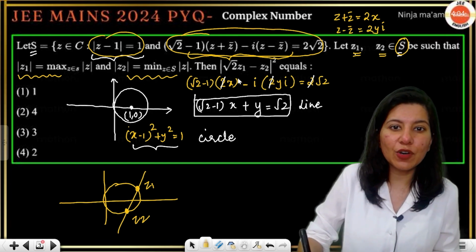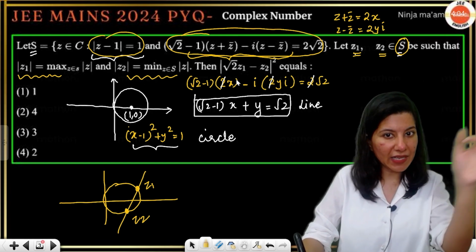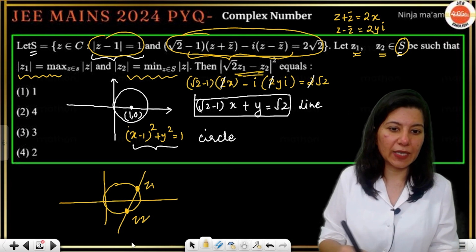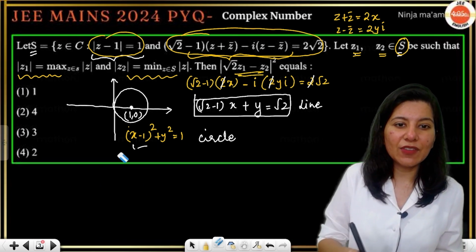Okay, and now you just pick which one is Z1, the maximum one is Z1, the minimum one is Z2, and you need to figure out this value. Okay, all right. So yes, I guess we have understood this.